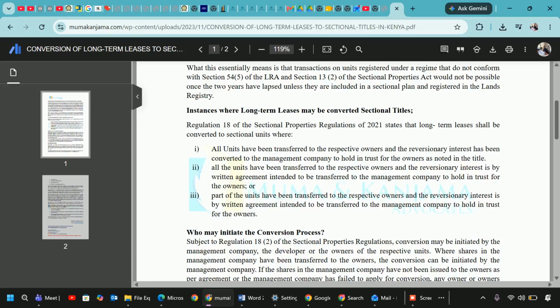Where they are legal owners, that was not subjected to conversion. All the units have been transferred to the respective owners, and the reversionary interest is by written agreement intended to be transferred to the management company to hold in trust. Or part of the units have been transferred to the respective owners, and the reversionary interest is by written agreement intended to be transferred to the management company to hold in trust for the owners.